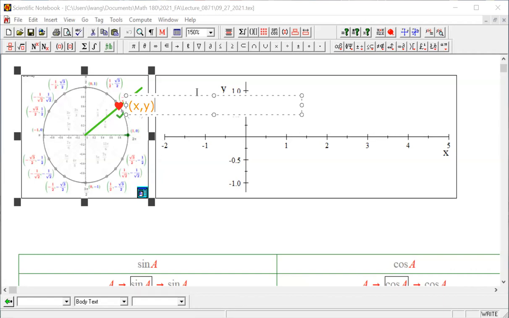With that point specified, x is a red number, and y is a blue number. Oh, sorry, I meant that to be red. Come on, why don't you change the color for me? There. You can see that? So that's how the red number and blue number are arranged, color coordinated.